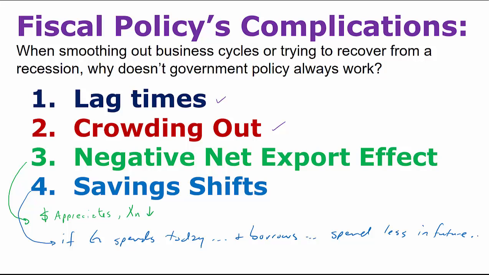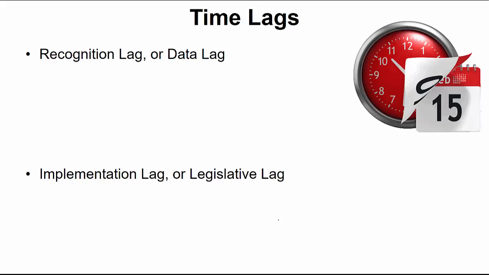And the reason we are is because we're going to start saving our money in anticipation of having to pay higher taxes. So in theory that sounds good, but the reality is that people probably don't really concern themselves with saving money today so they can pay taxes tomorrow. So anyway, I want to throw those two out there. The two major ones though are going to be the lag times and crowding out.